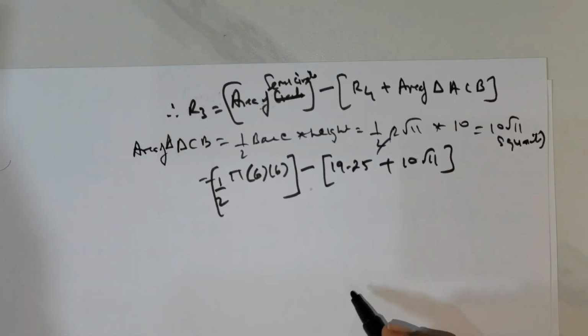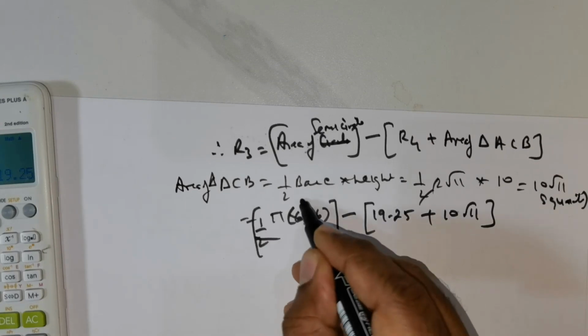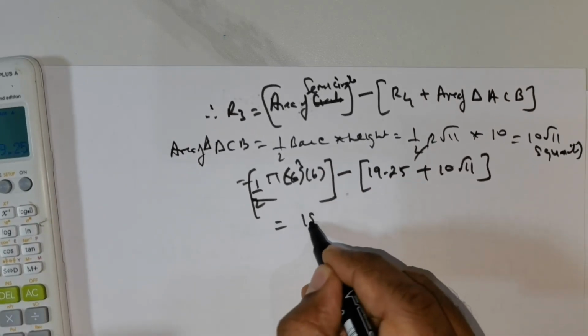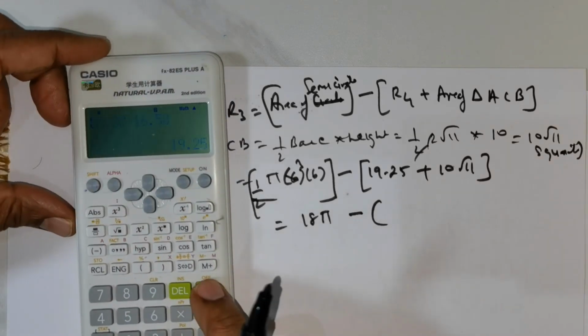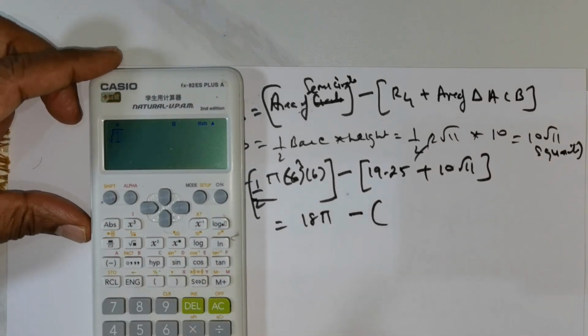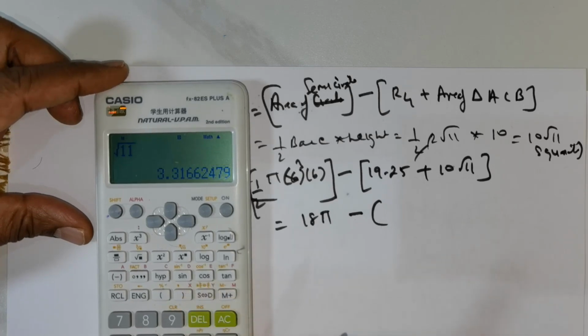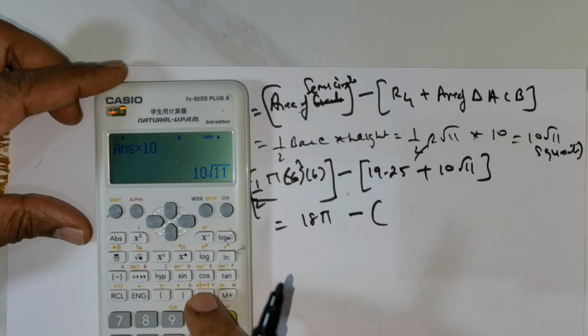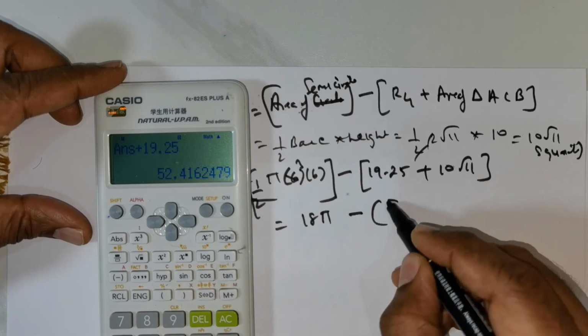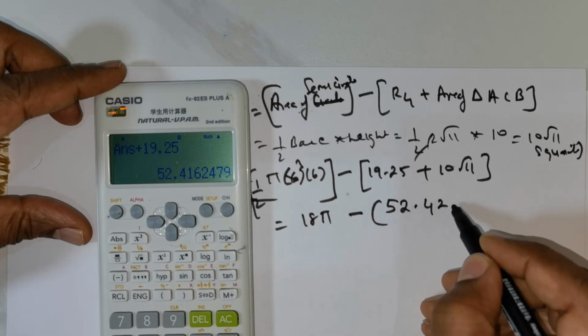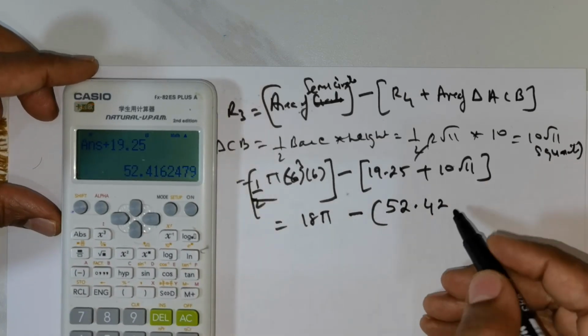So now we need to do some calculations. Of course, 2 divides here, 3 times 3 into 6, 18 pi, minus square root of 11 multiplied with 10, added with 19.25. That is giving me a value of 52.42. I hope you're able to see this.